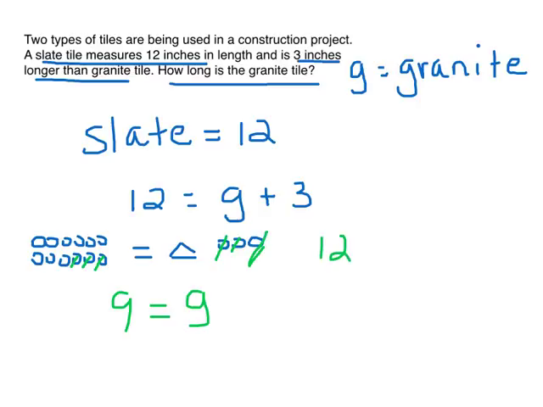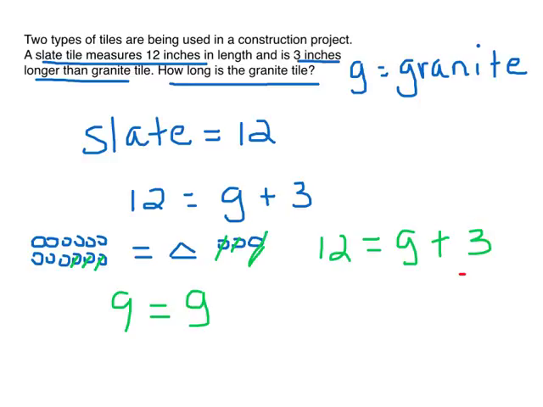I can do the same thing writing this in numbers. So I have 12 equals G plus 3. Doing this in numbers, I would simply take away 3, just like I did on this side. I would take away 3 on this side.